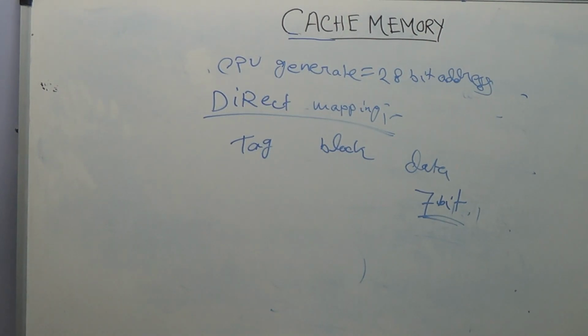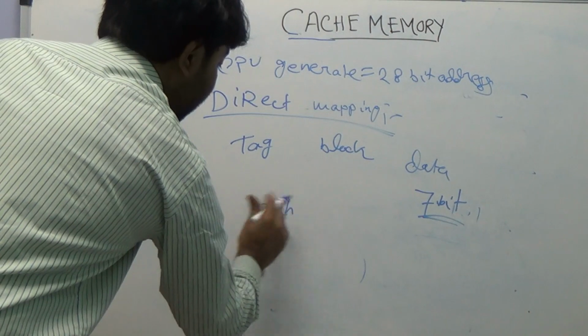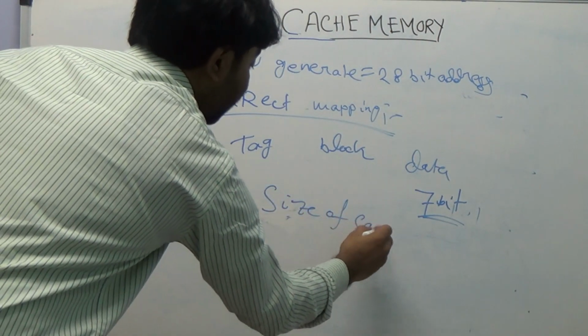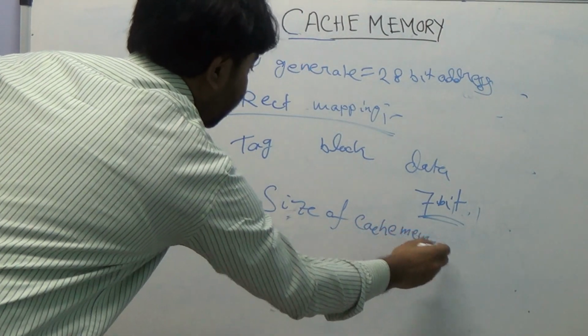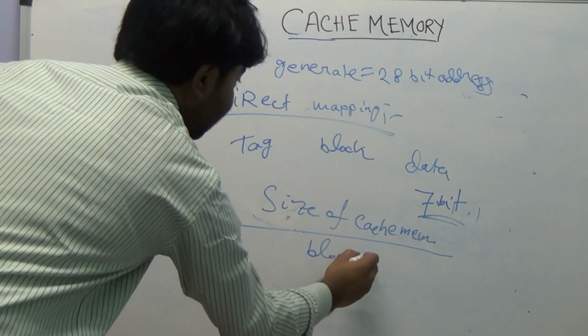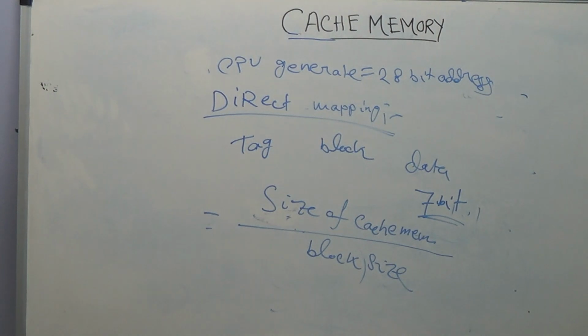To calculate the block field, first we have to calculate the size of the cache memory by block size. This is the formula to calculate the block field. We have to calculate the number of blocks that are present in the cache memory.